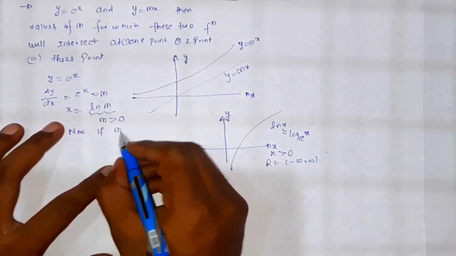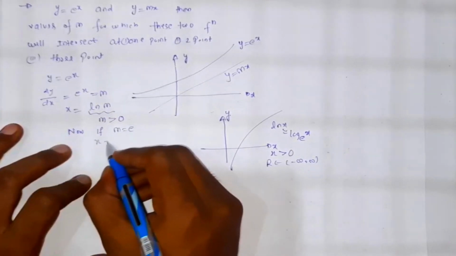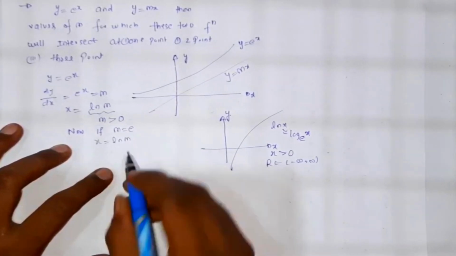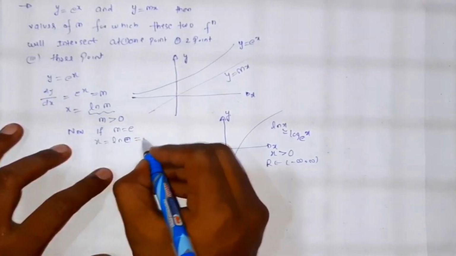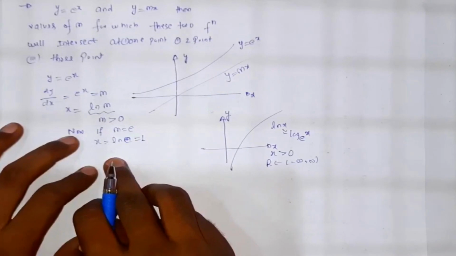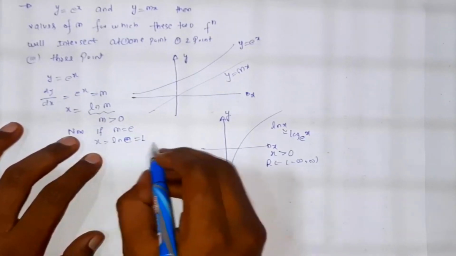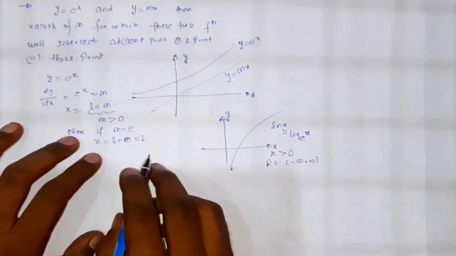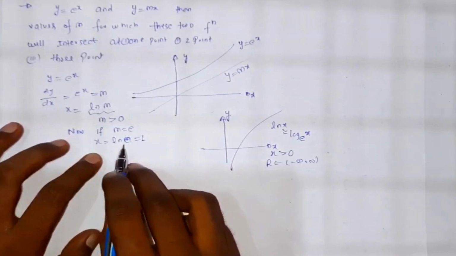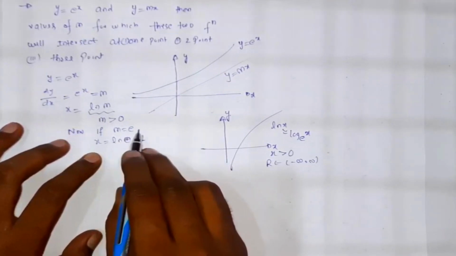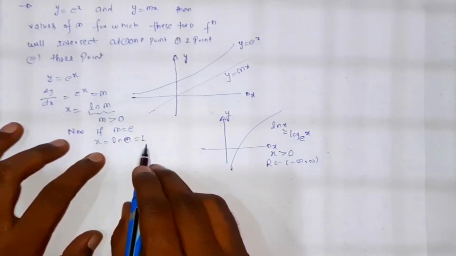If m equals e, then what will happen? x equals ln e, that is 1. So what I'm trying to say, if m equals e, then x equals 1.